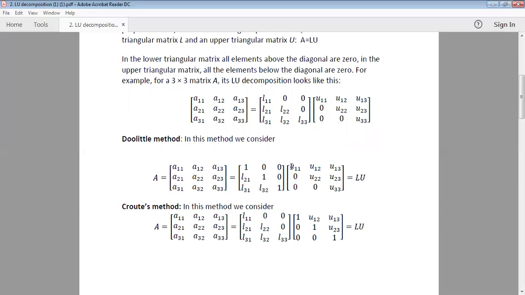Next, the upper triangular matrix U11, U12, U13, 0, U22, U23, 0, 0, U33. That equals LU. In the Doolittle method, we take diagonal elements as 1 in the lower triangular matrix. We have taken L11 equals 1, L22 equals 1, L33 equals 1.